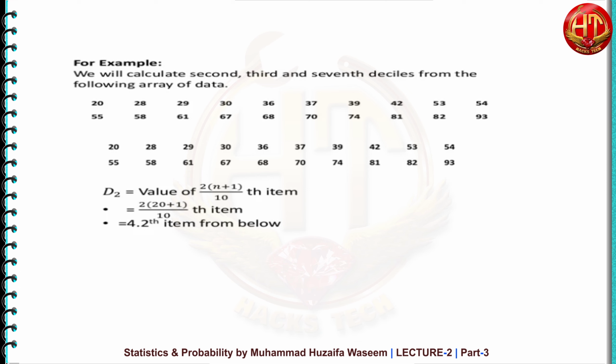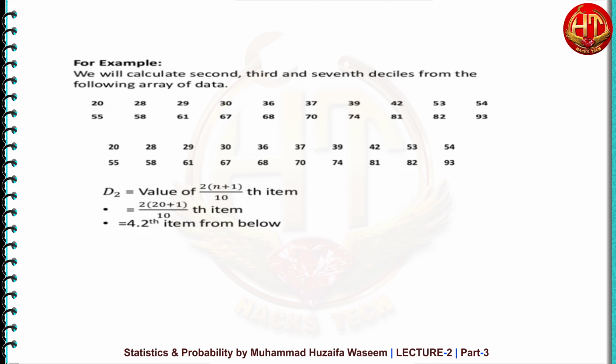So what is your second decile formula? Put i equal to 2 in the formula, then your formula is 2 multiplied by n plus 1, divided by 10th item in the given series.